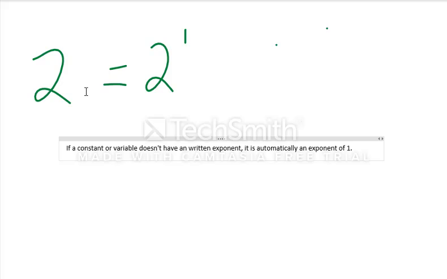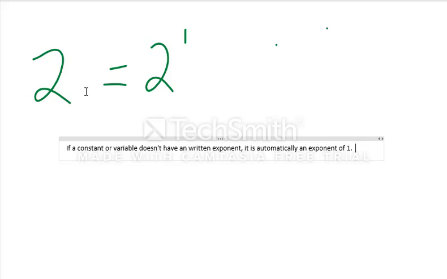All right, the next main thing that you need to know is that 2 is the same as 2 to the first power. What that really represents is that if a constant or variable doesn't have a written exponent, it's automatically an exponent of 1.